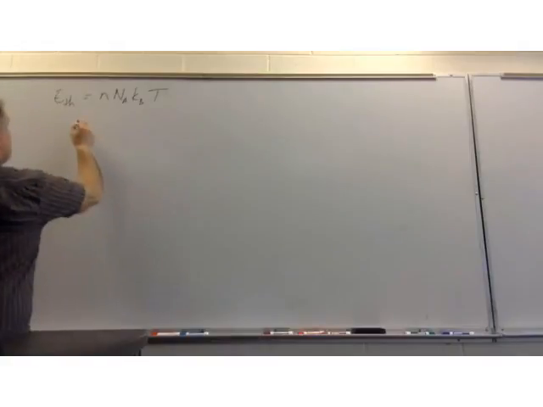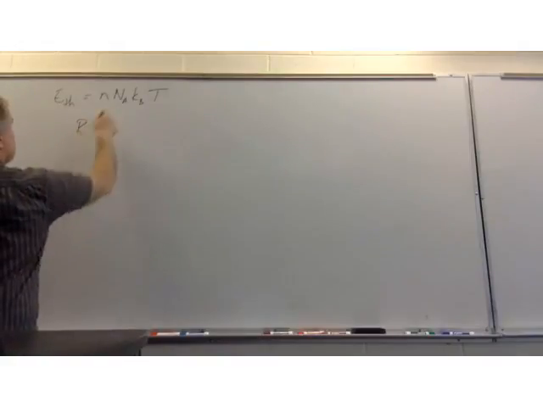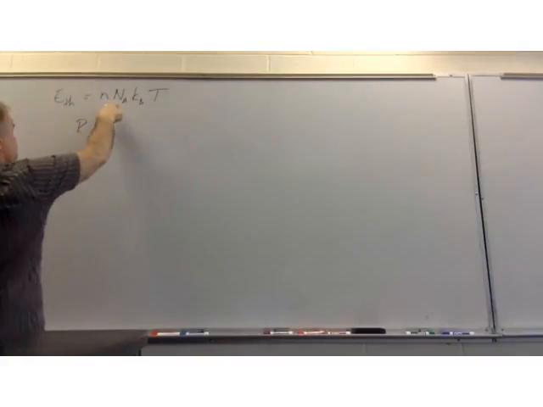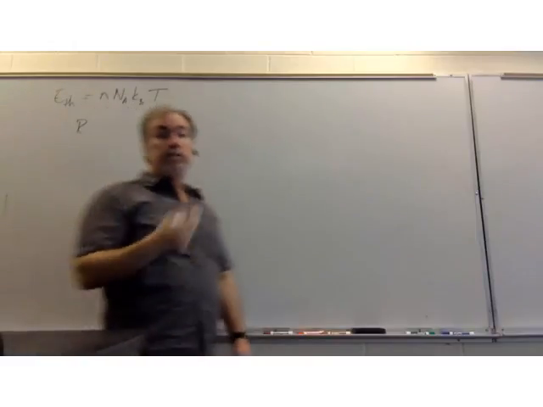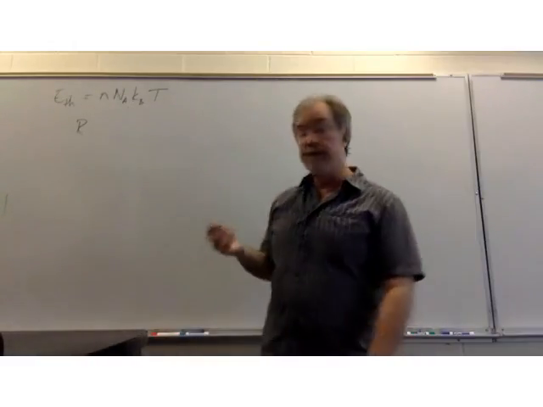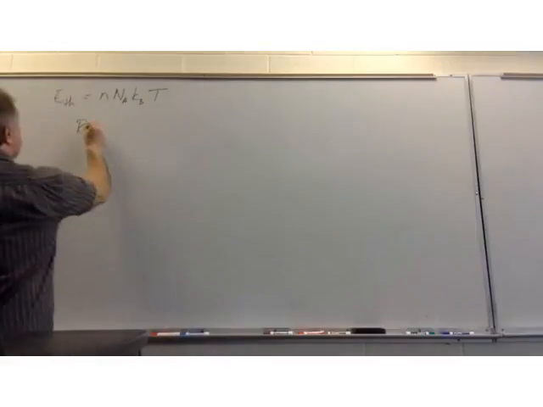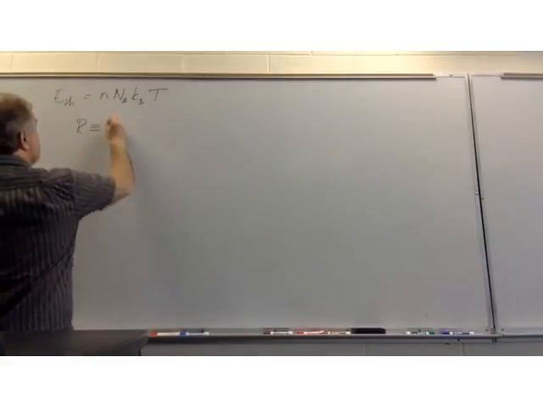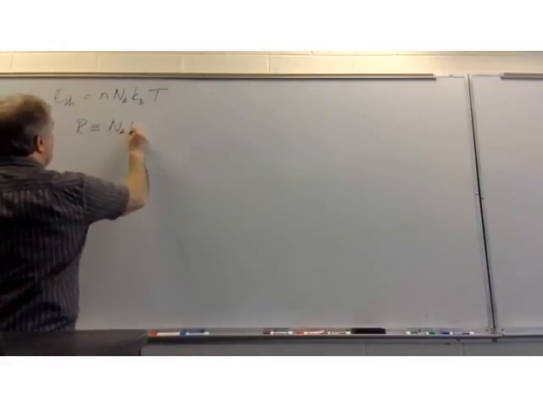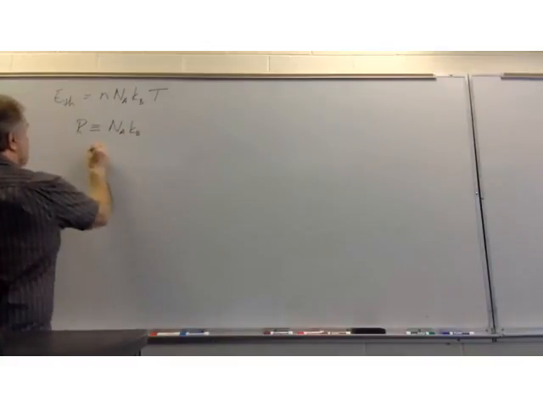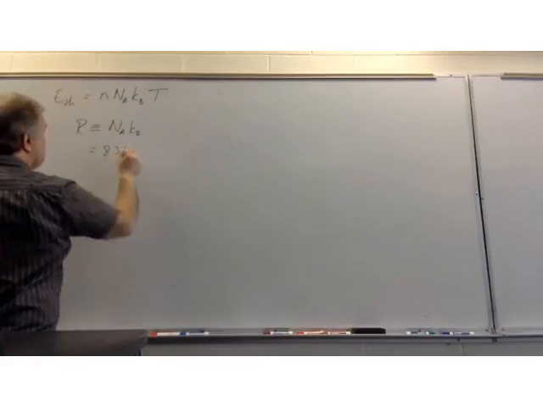Since Avogadro's constant is a constant and the Boltzmann constant is a constant, their product is necessarily a constant. So if I define the letter R to be simply the product of these two constants, R itself is obviously constant, and plugging in the given values of those two things, we got 8.31.